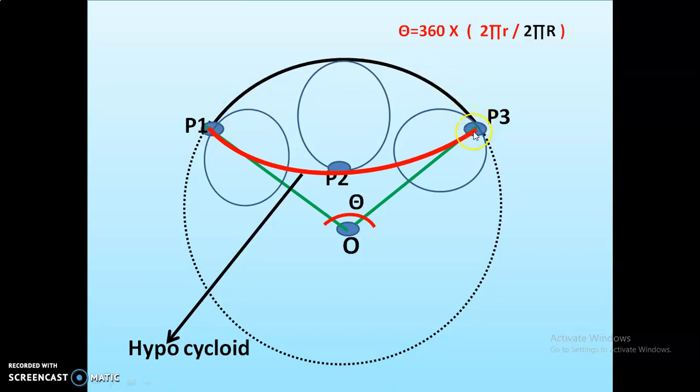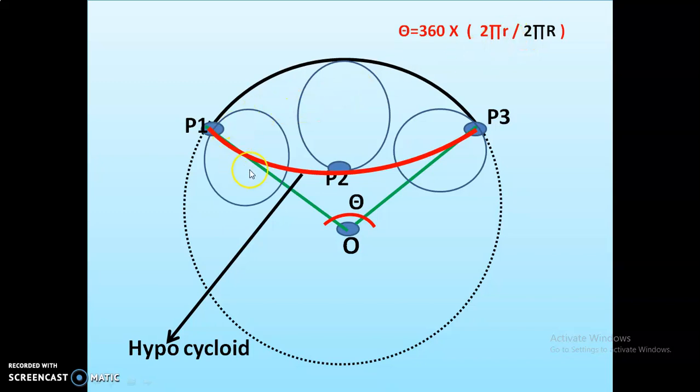If we join the points P1 and P3 with the center of the base circle, these two lines will make an angle at the center of the base circle, that is theta. How can we find the theta value? We have a formula: theta is equal to 360 degrees into the circumference of the rolling circle divided by the circumference of the base circle.